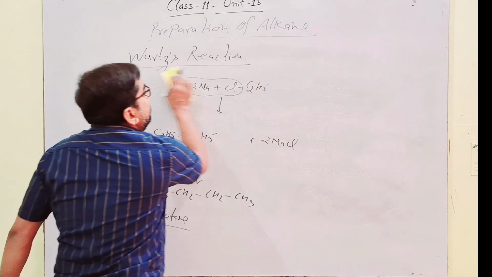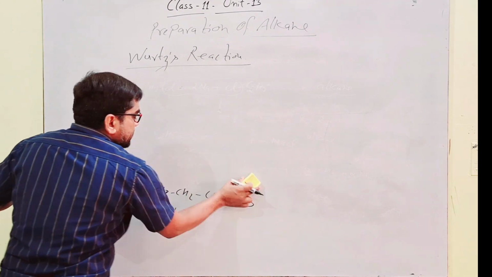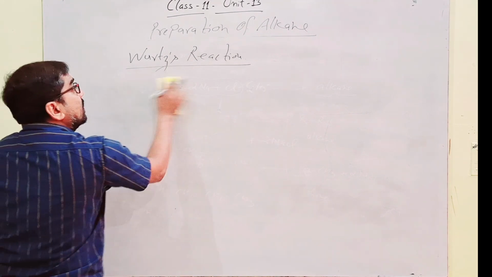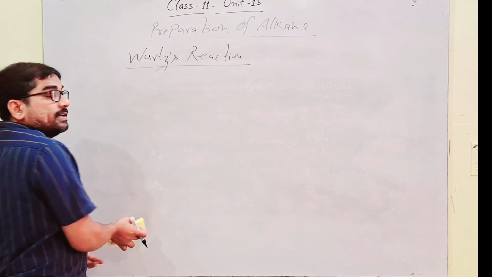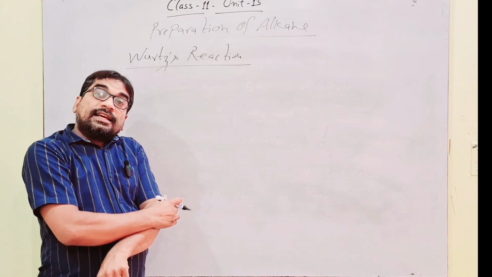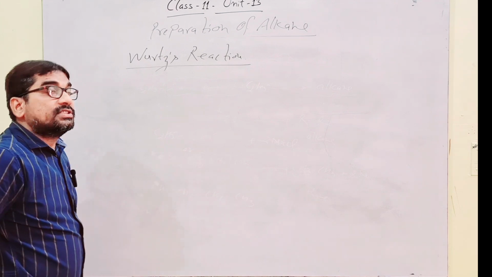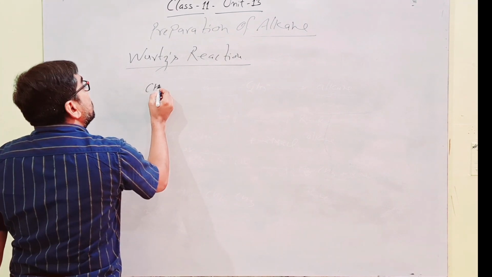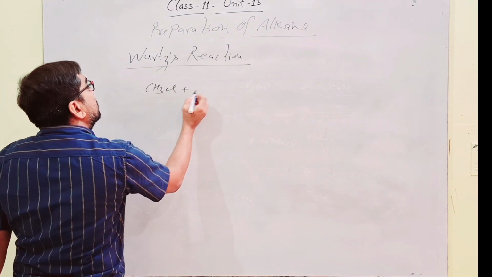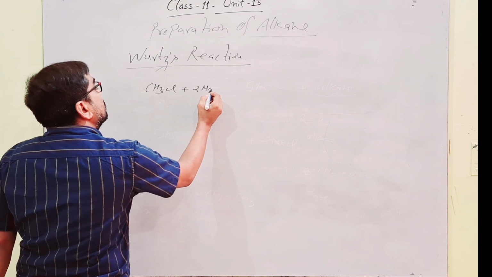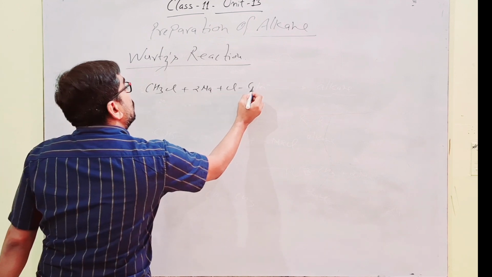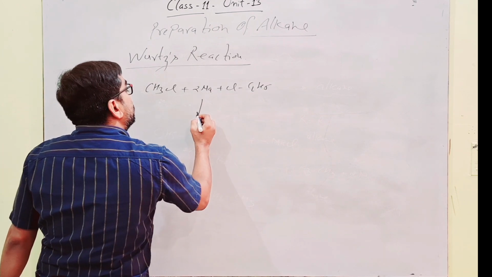But one thing must be noted here: if different alkyl halides with different numbers of carbons are used in Wurtz reaction, like methyl chloride reacting with ethyl chloride, what will be the product obtained?